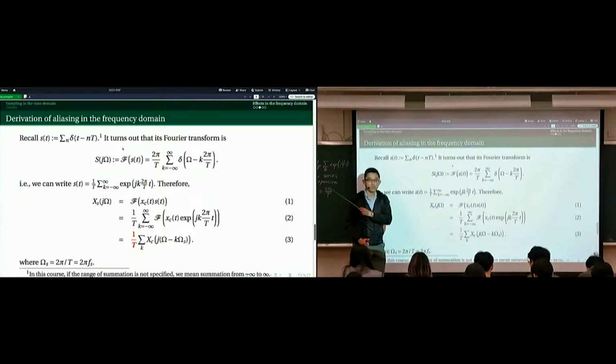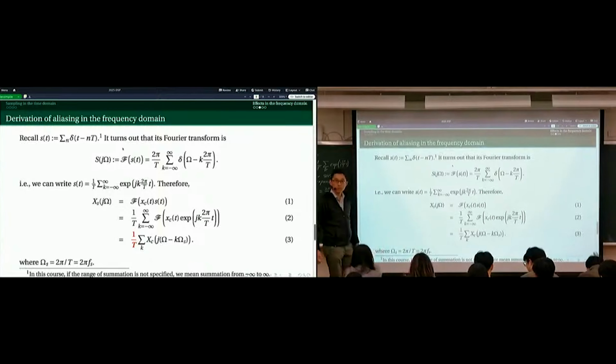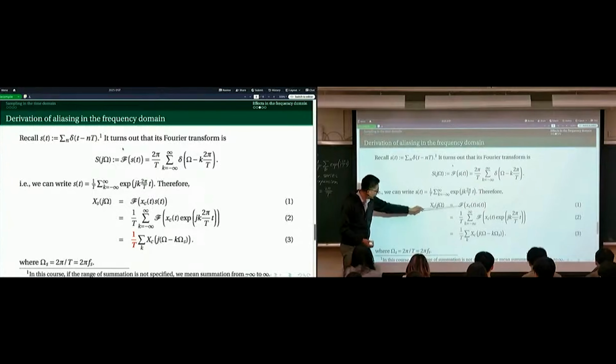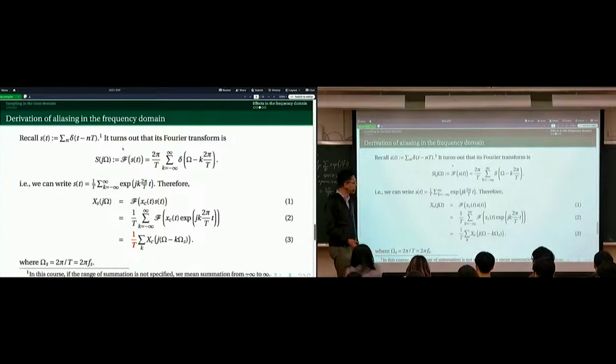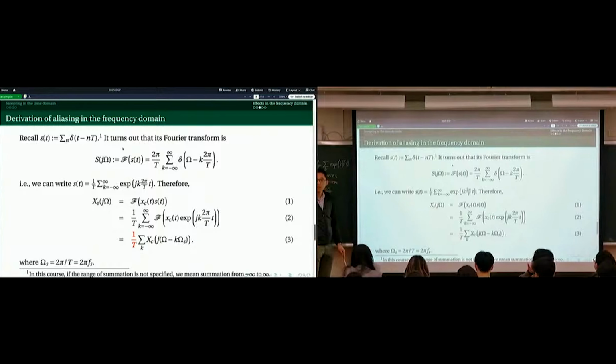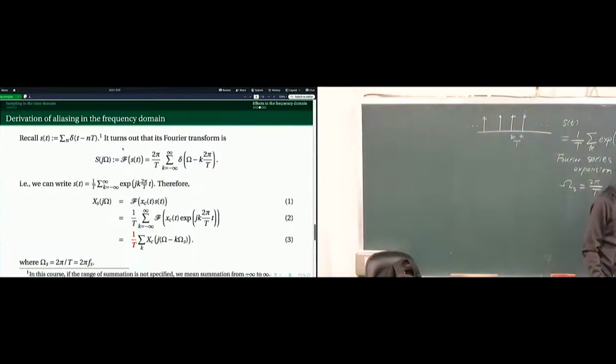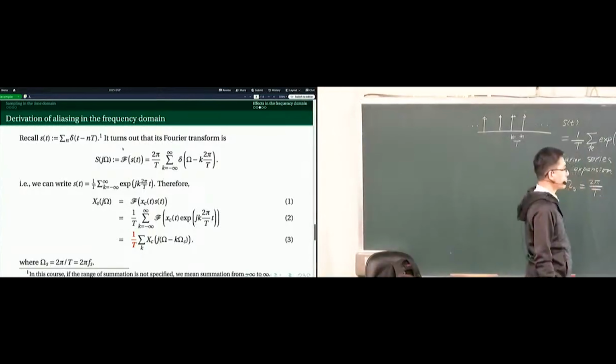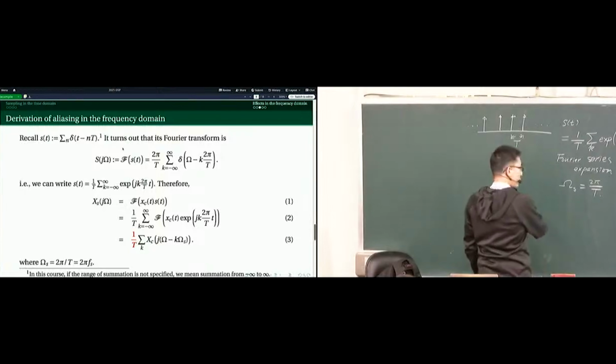Multiplying by S of t is equivalent to sampling. Then in the frequency domain, because of linearity, we can take the summation outside the Fourier transform, and for each term we can apply the shift theorem. So we reach this final expression, which I'm also going to copy.